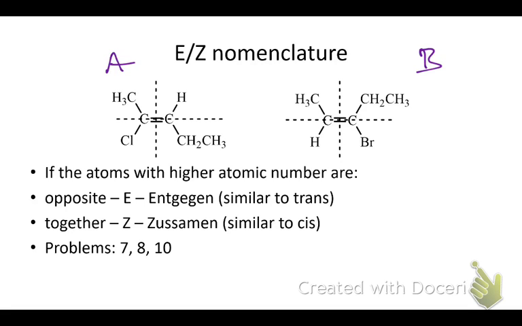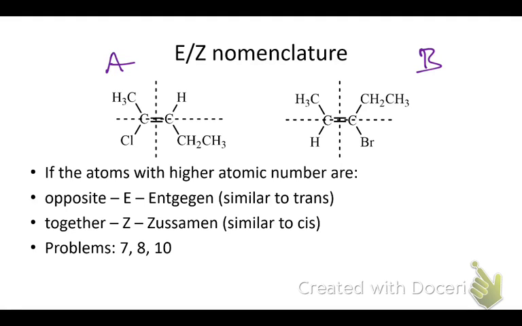It's not strictly the mass, but the mass of the atom that's attached. So what's heavier, Cl or C? Cl, and we're really going by atomic number. It's 17 versus 6. So when we're talking about whether or not the big groups are together or apart, we're looking at atomic number.